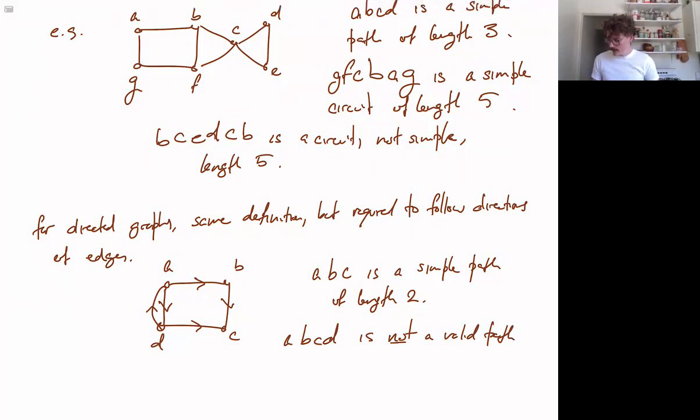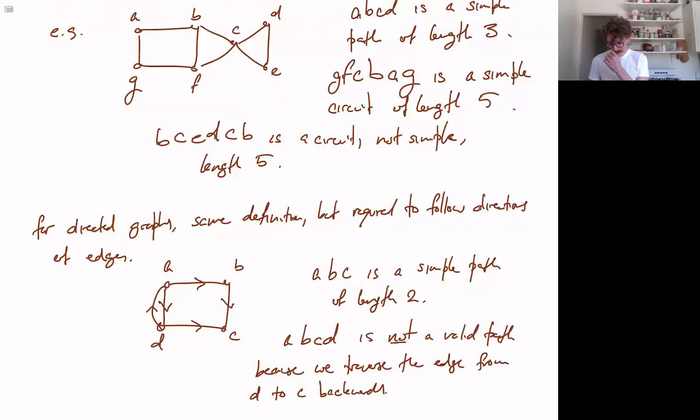So it's not a valid path because we traverse the edge from D to C backwards. Whereas for these pair of vertices, we could go either way because we have an edge in both directions. So there's no obstruction there. But if you only have one edge, you cannot go opposite the flow of the edge.